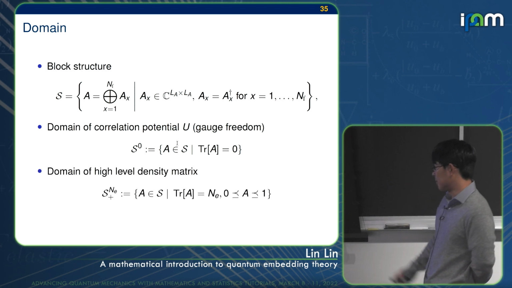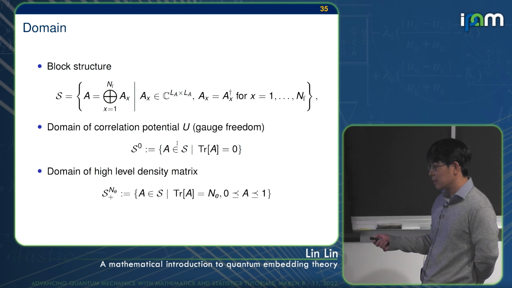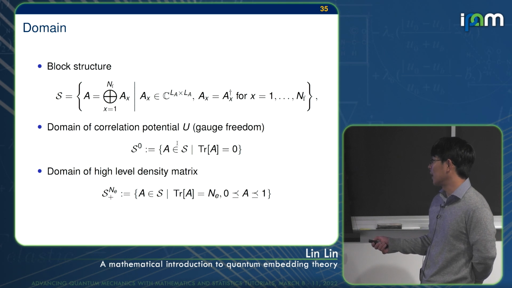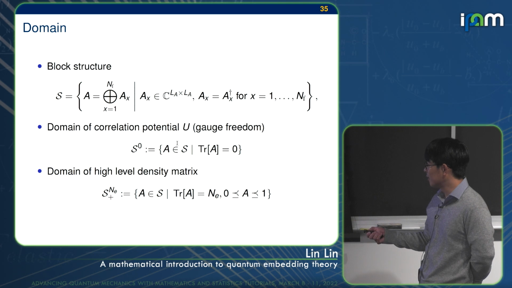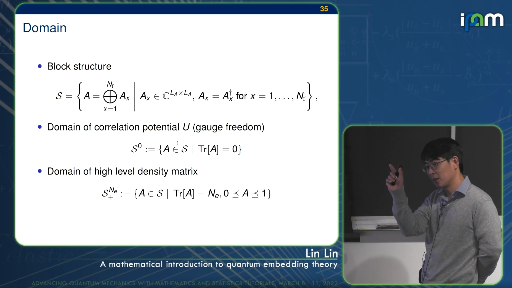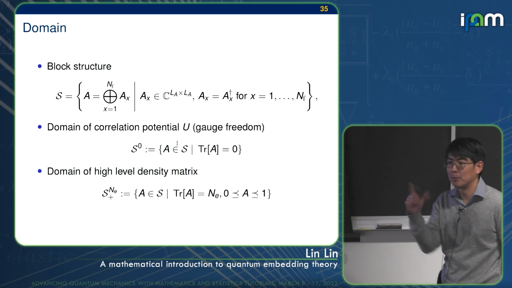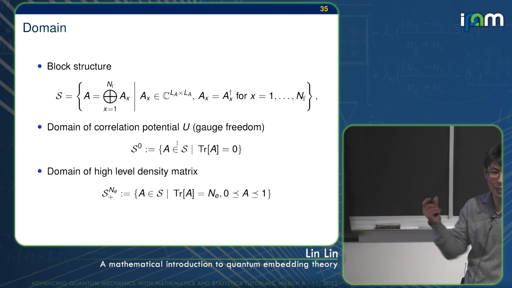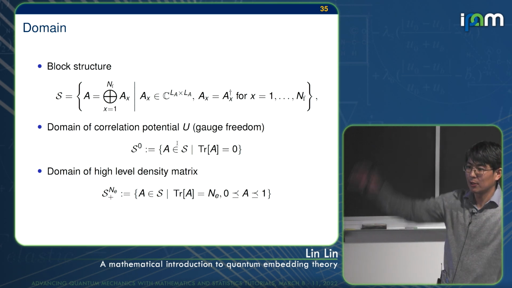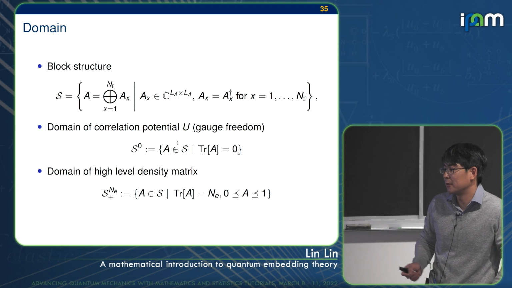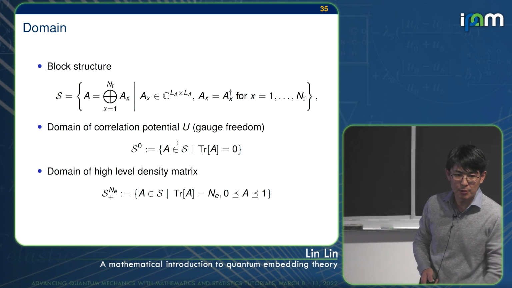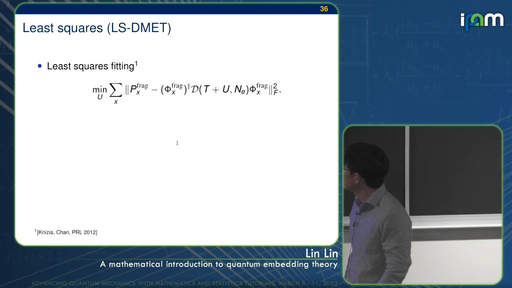The high-level density matrix is this. It should satisfy that the blocks sum together to equal NE, but also each block's eigenvalues are bounded between 0 and 1, because it is a subblock of the global density matrix, which is bounded by 0 and 1. Okay, so these are the domains of the quantities.